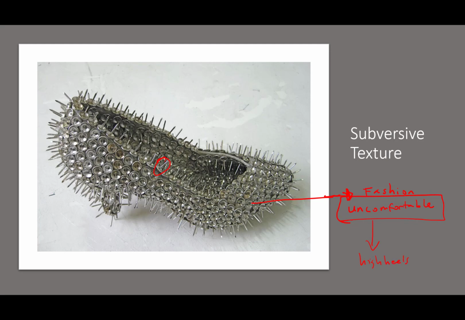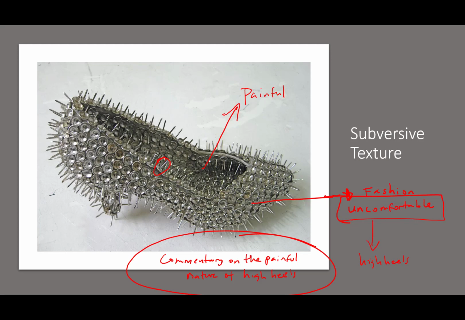And then this, of course, is painful, just painful to look at because we have an expectation of what that texture is going to be. And so then you get this commentary on the painful nature of high heels in art. But if you just had a regular high heel being portrayed in art, you might not think about that, even though that is an association we make.